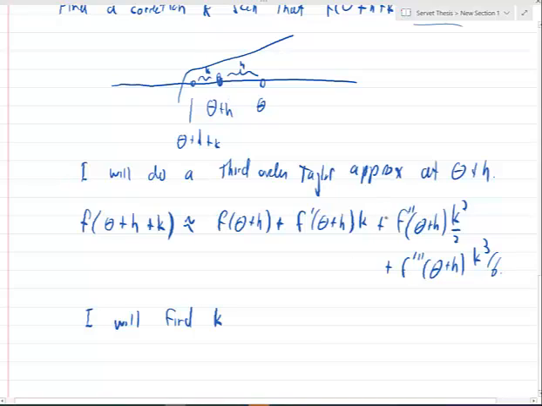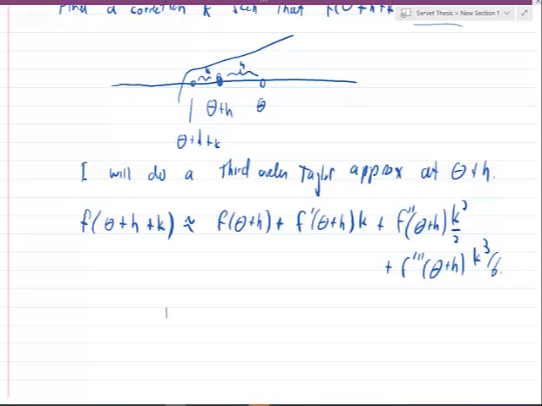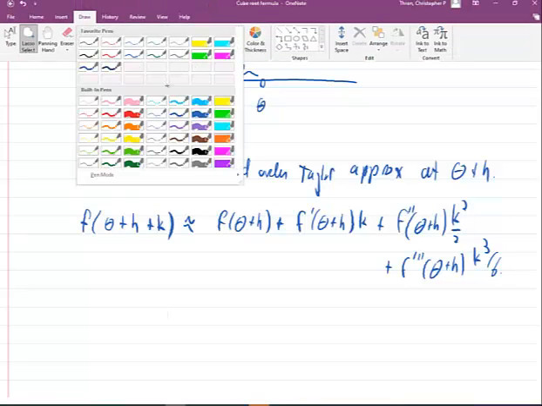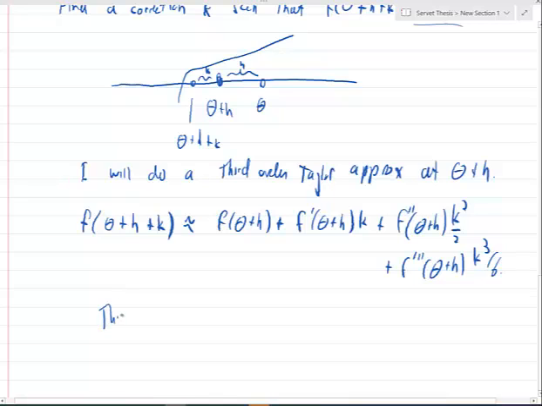So I will say that this will be a more accurate estimation than the other one, because k is going to be less than h, and the Taylor approximation is more accurate for values close to the expansion point.